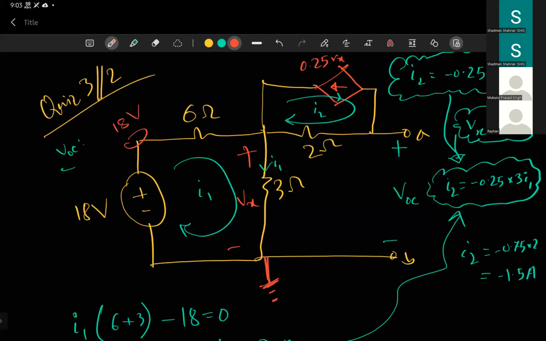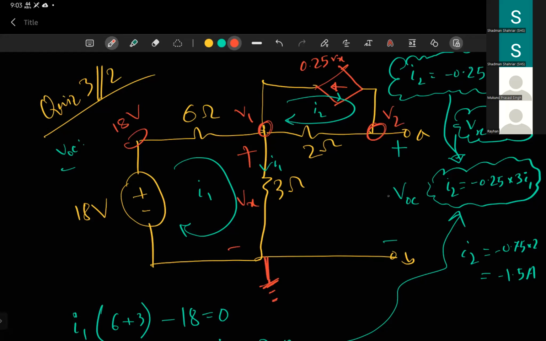You can write this as V1 and this one as V2. Now, all you have to do is VOC is basically V2 minus 0, because the positive terminal's voltage is V2 and the negative terminal's voltage is 0. With node analysis, you're basically done.